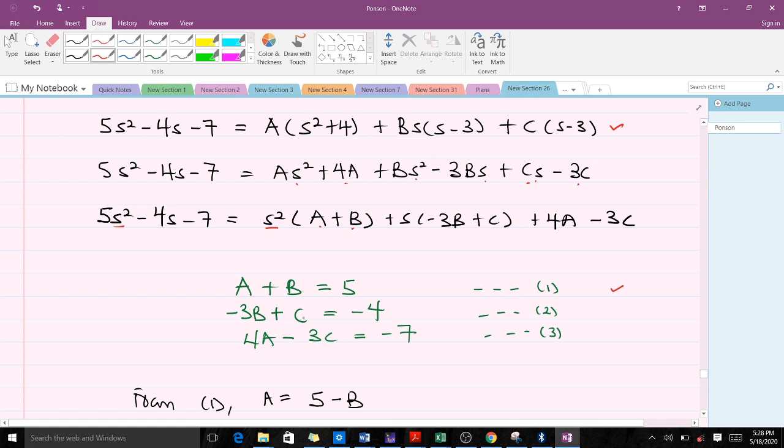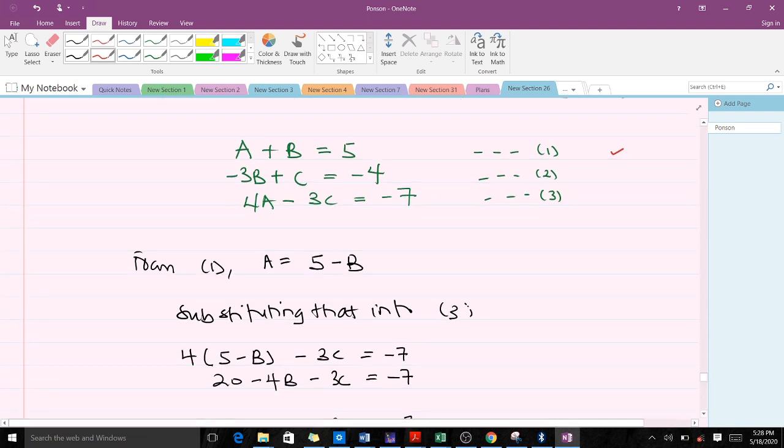And the constants give us 4A minus 3C equals negative 7. So after this process, you have three equations which are supposed to be solved simultaneously to get values for A, B, and C.